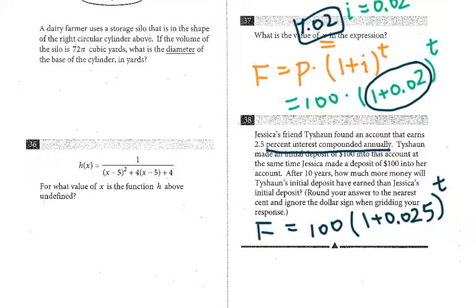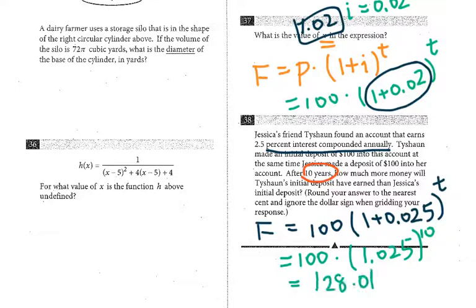So we're looking for how much her friend will get in that account after 10 years. It will be 100 times 1.025 to the 10th power.